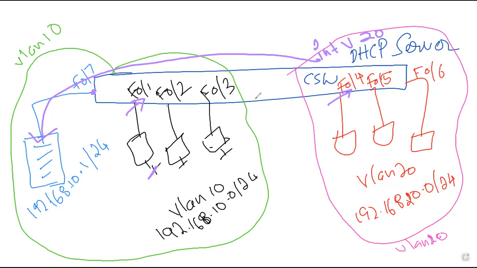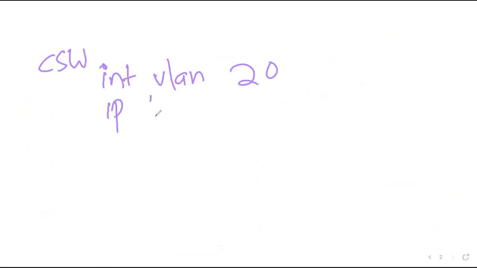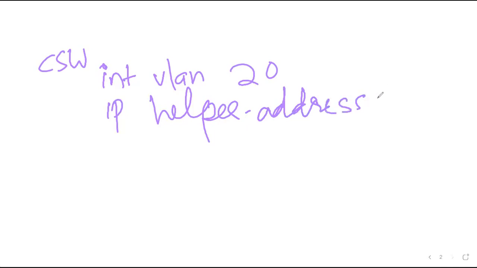So let's say I'm going to the core switch where the VLAN interface is. On the core switch, we will go to interface VLAN 20, ip helper-address, followed by the IP of the DHCP server.